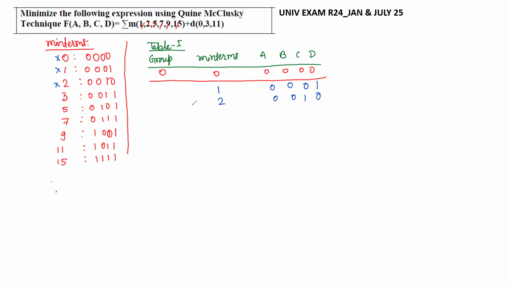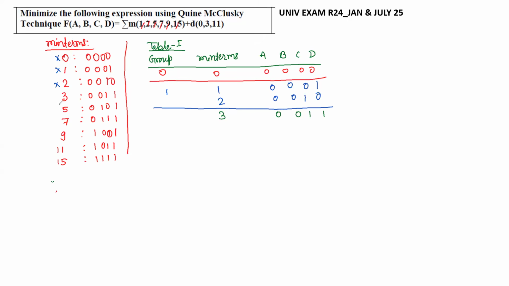Apart from this, none has the number of ones as 2, so this will be kept as one group. Next, we'll have where the number of ones is 3.